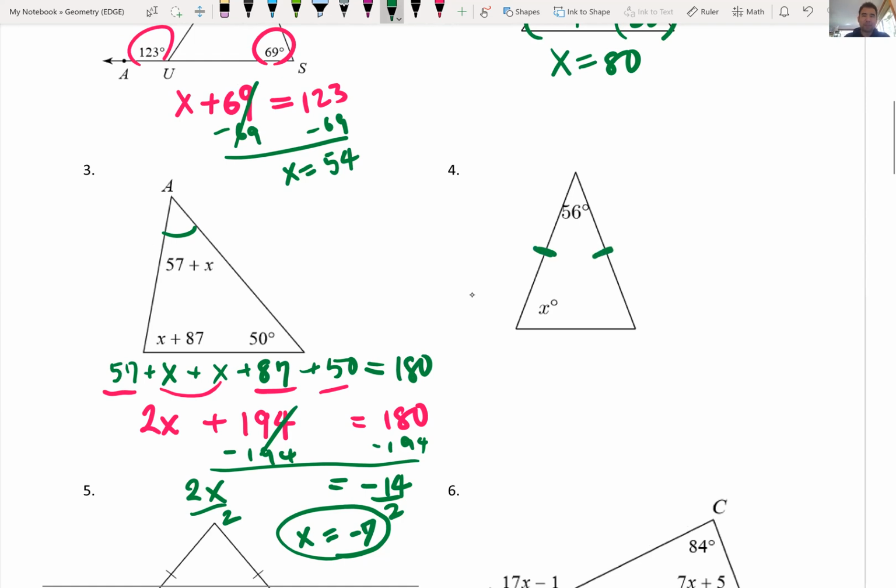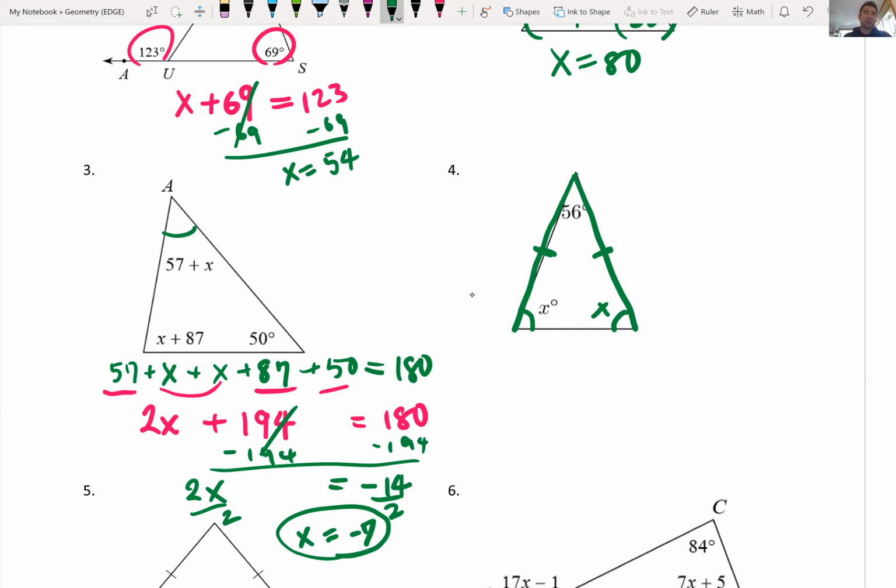That means 2 sides are equal, okay? Now, what do you know about isosceles triangles? We just talked about this this morning. Bottom angles are the same. They are all going to be equal to each other. So if this is x, you can also call that x too.